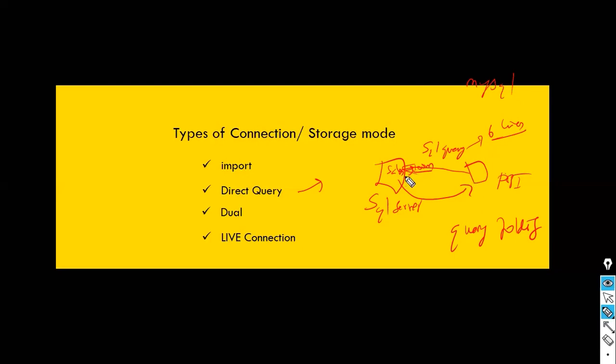Okay, if you connect to SQL Server in Power BI, for example, you want to connect to the SQL sales database, sales table, which is available in SQL Server. But here you have 100 million records. If you use the import connection, what will happen? The entire 100 million records will get loaded on your local laptop.